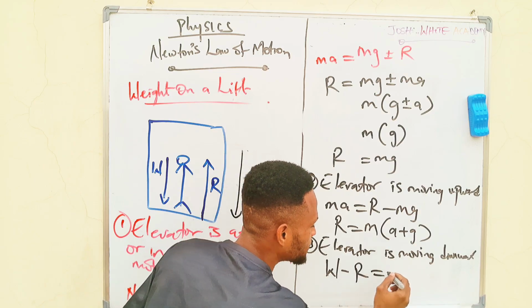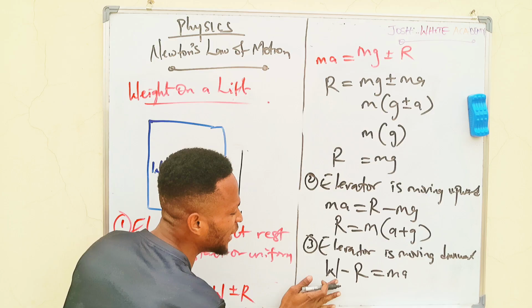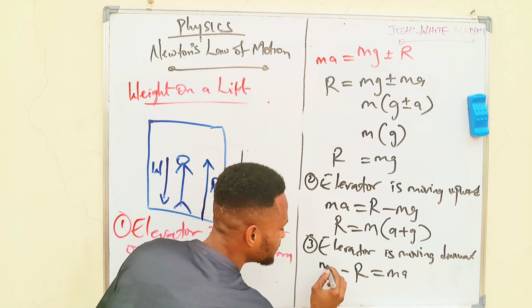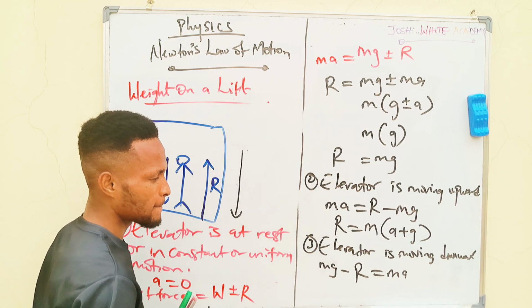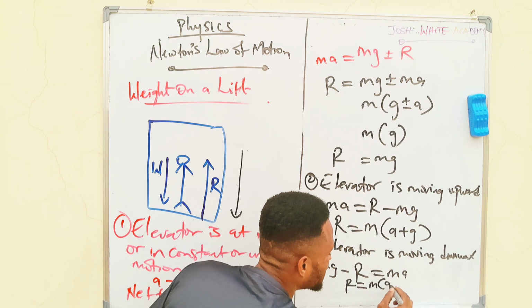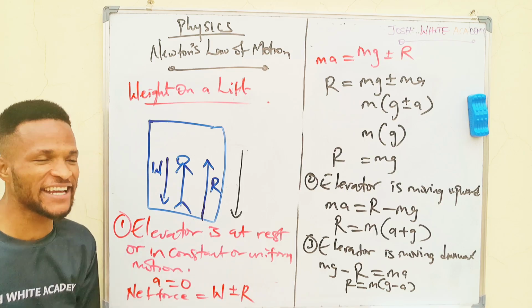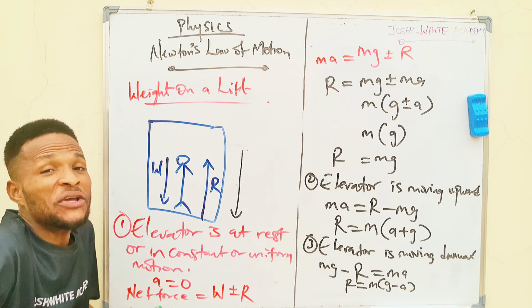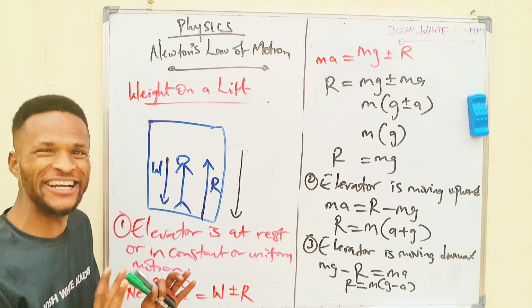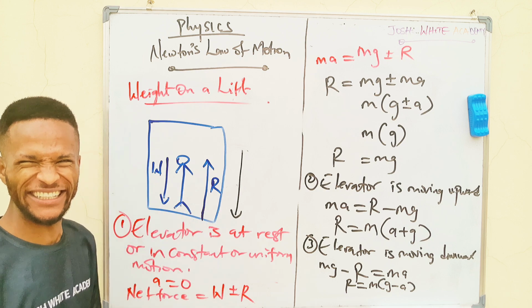Remember, our weight is mg. This will give us our reaction to be equal to m(g minus a). So in this case, the person will feel lighter than his original weight, as we will see subsequently.